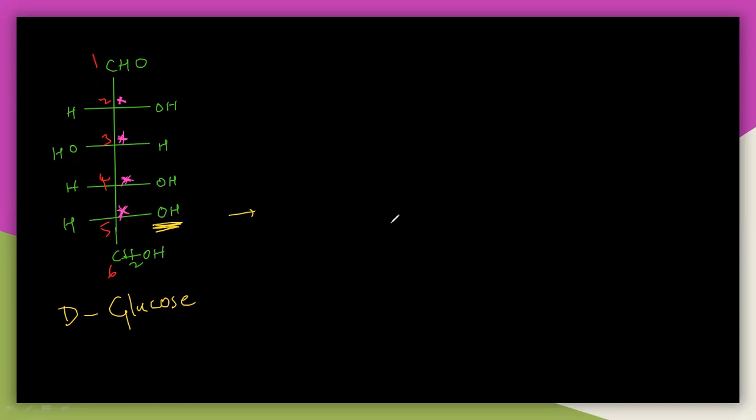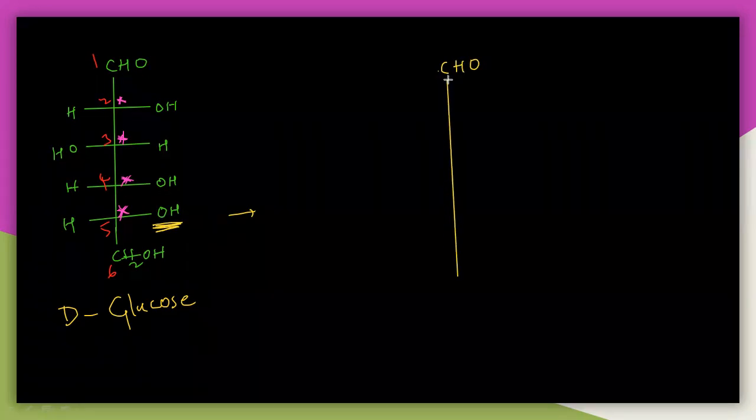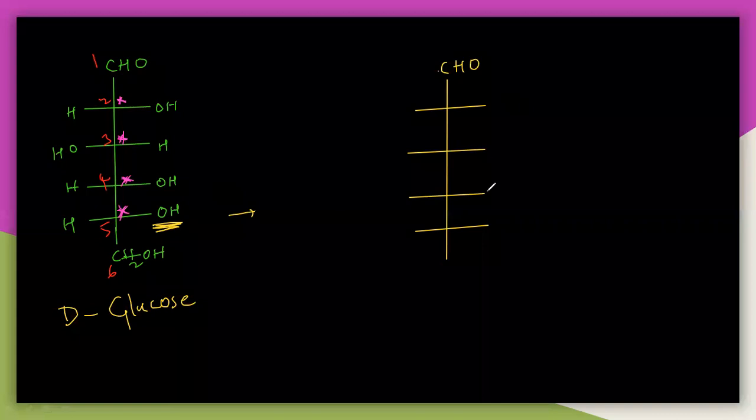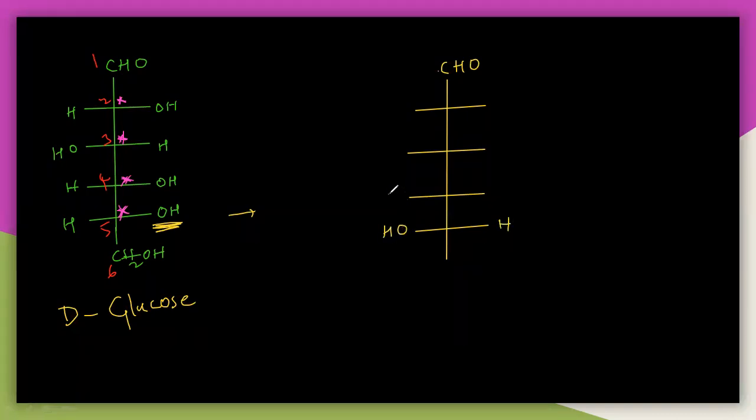Very simple. D-glucose. So let us take another simple one. I will write it like this: OH here and OH here, and here I will take again H, OH, H, OH, H, OH, and here I will write CH2OH.